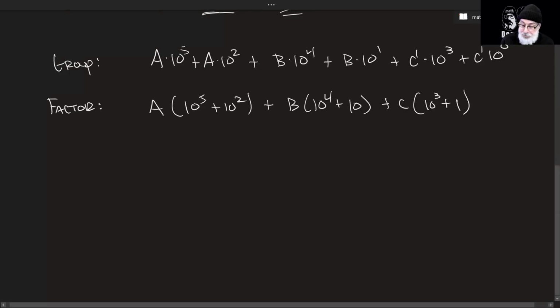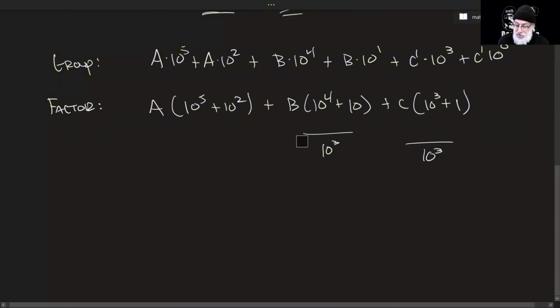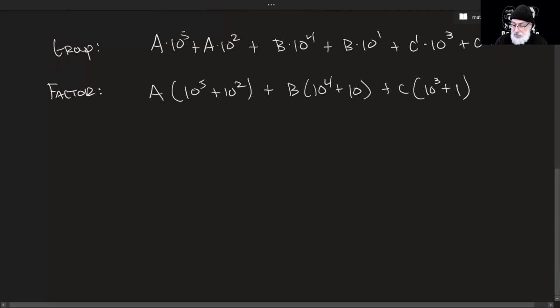I'm just looking at what's common. However, let's multiply this out a little, as I think if we look at this last term here, 10 to the 3rd is 1,000, so this is really 1,001 C.